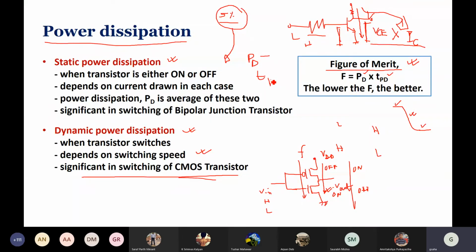These two, the product, is what you are actually looking at to compare one design over the other, because with small changes in resistance value, power dissipation can be reduced. But propagation delay will also increase, so that is not desirable. So you are not actually coming up with a new design which is better than the previous one, because the product, defined as the figure of merit, is not actually changing in that sense.